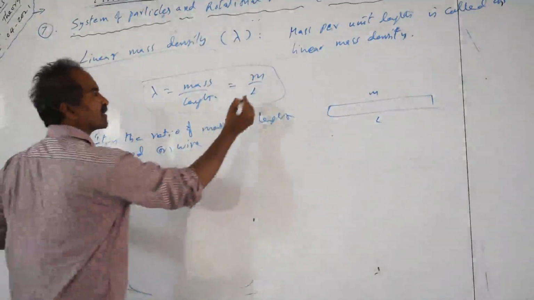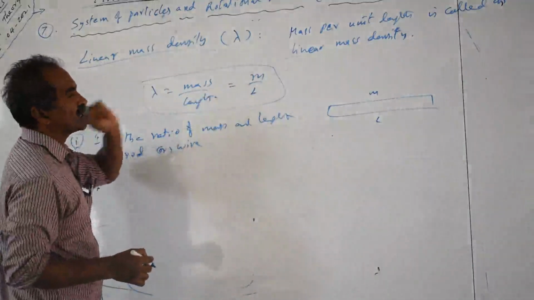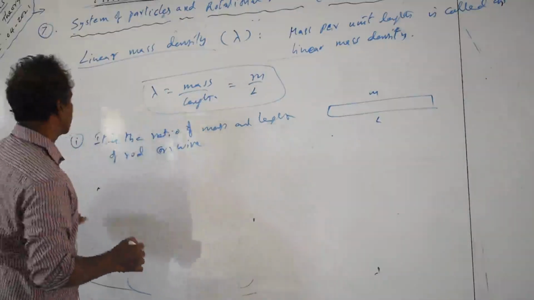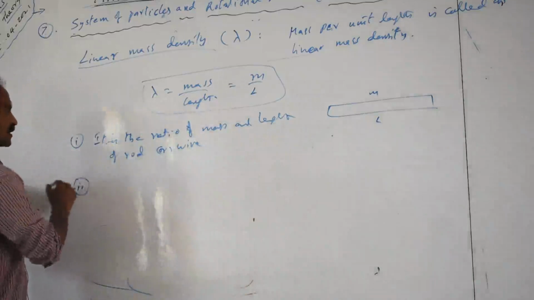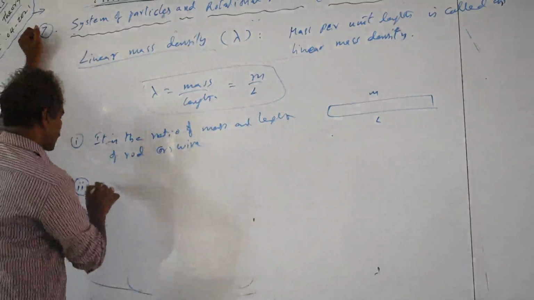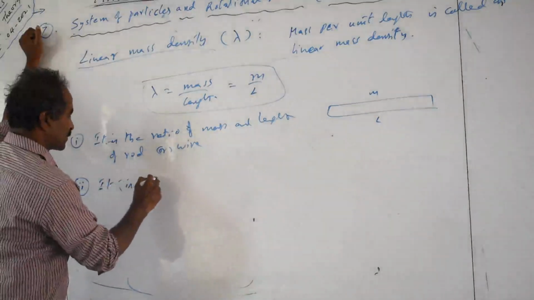So the unit is kg per meter. Dimension formula is M L to the power minus 1. It is a scalar. It is for a linear distribution, meaning lengthwise distribution of mass. It is one-dimensional.